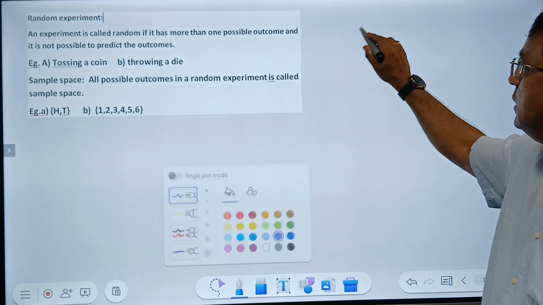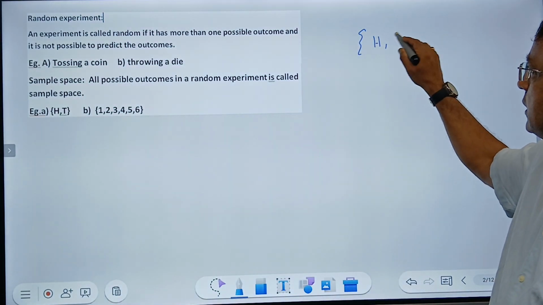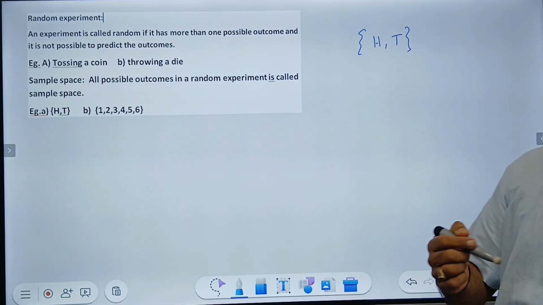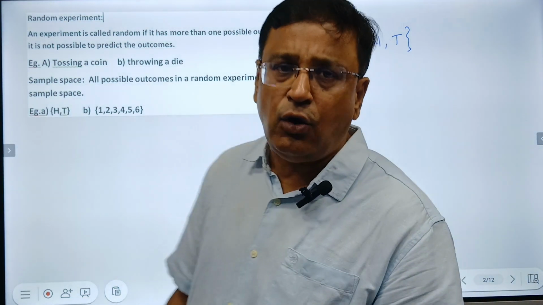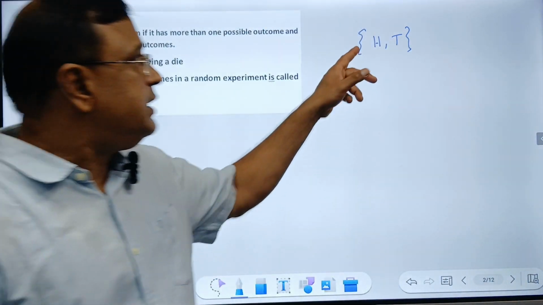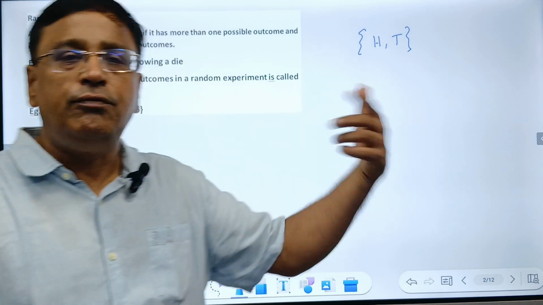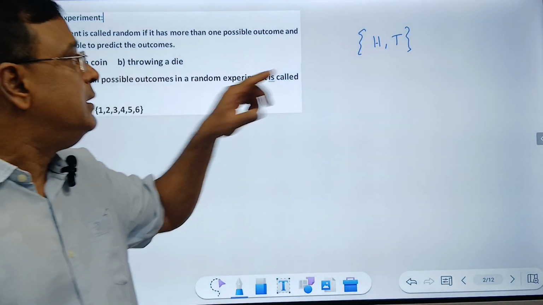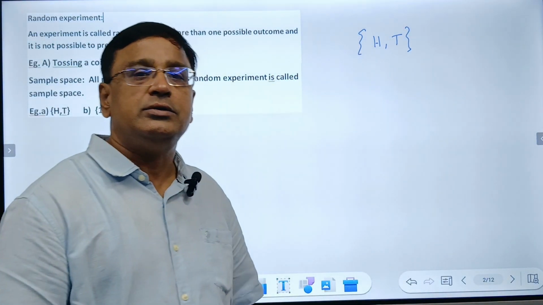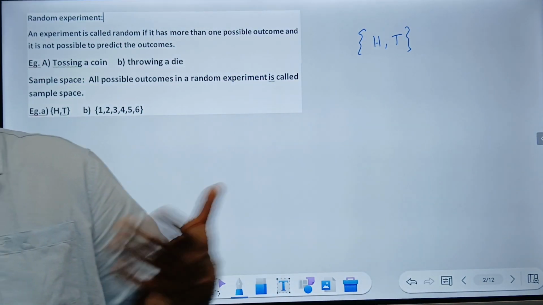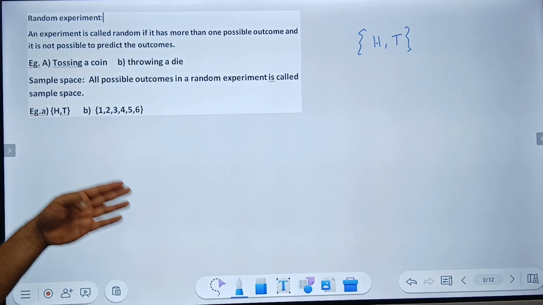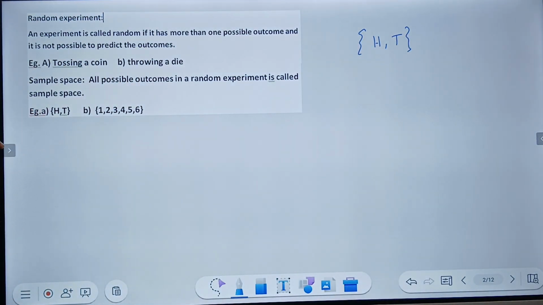It can get head and it can get tail. Now you cannot predict whether I will get head or tail. Also, each one of them has equal probability of occurring, but that's a different issue. When I toss a coin, it is not possible for me to predict whether I will get head or tail. Such experiments are called random experiments.